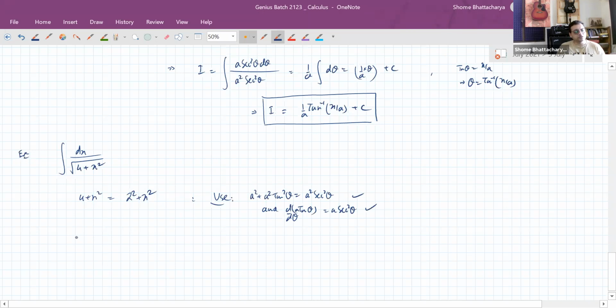So what I should do here is substitute, so that will get rid of that square root in the denominator and make it integrable. It will make it simple enough. So we'll substitute x as 2 tan theta. So then the denominator, which is this, will become square root of 4 plus 4 tan square theta.